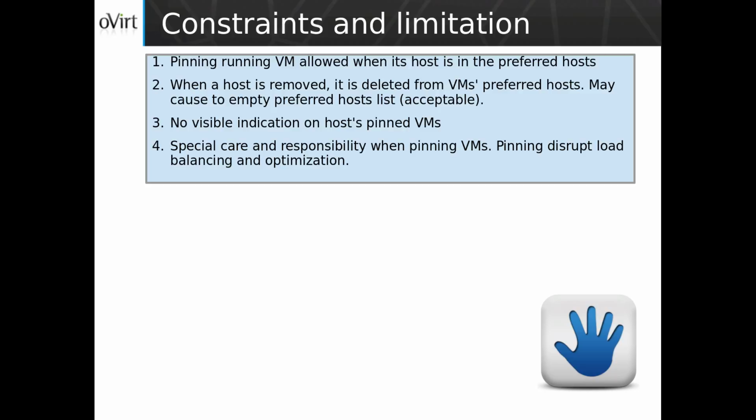Review the constraints and limitations. First, pinning a running VM is allowed only when the VM is running on its preferred host. Second, when a host is removed, a pinned VM might lose its single preferred host, therefore be pinned to its next startup location.